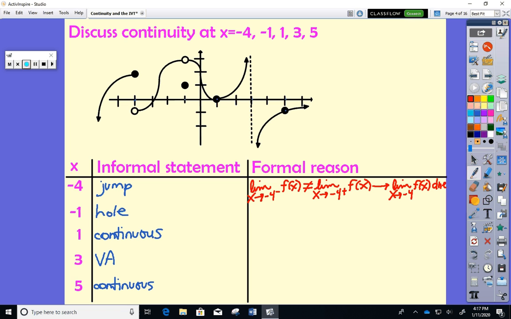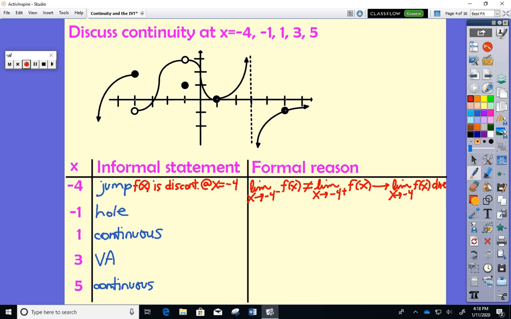So again, this is me saying that f of x is discontinuous at x equals -4, and it's because the left-hand limit does not match the right-hand limit, which causes the overall limit to not exist. So this does not meet one of the first two required criteria.